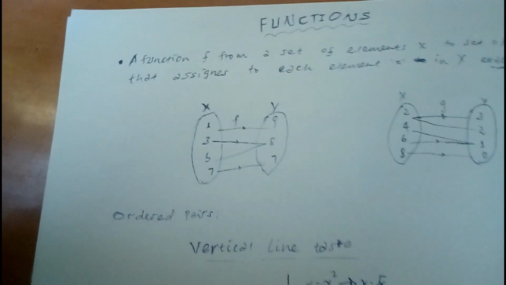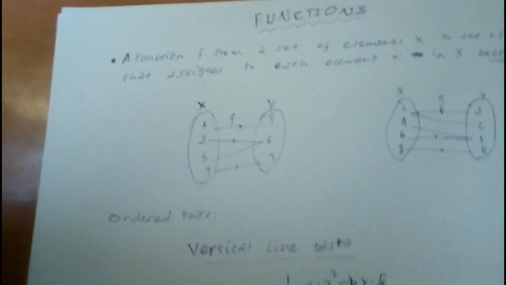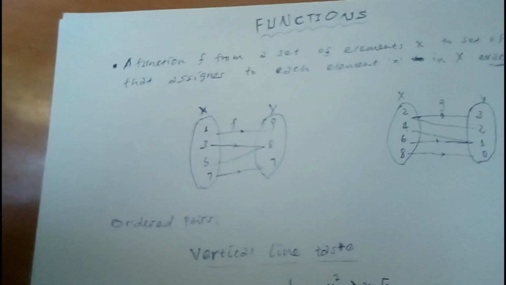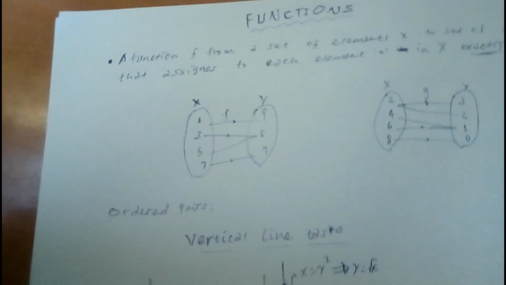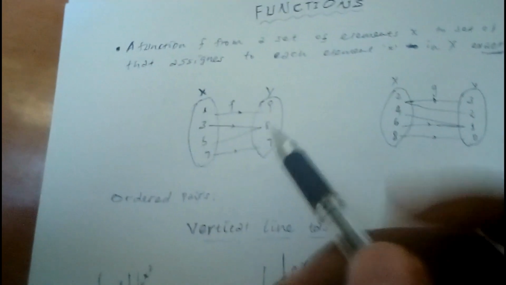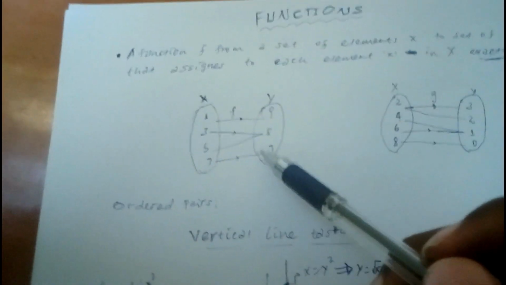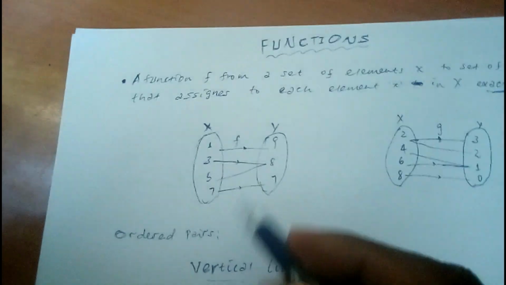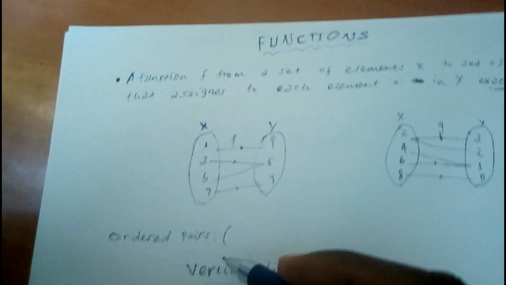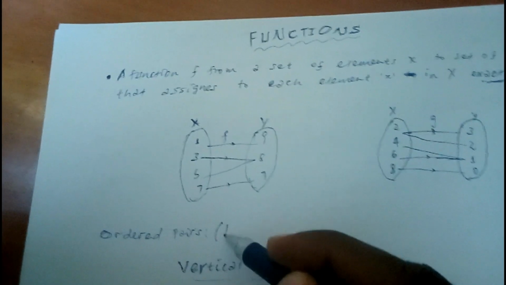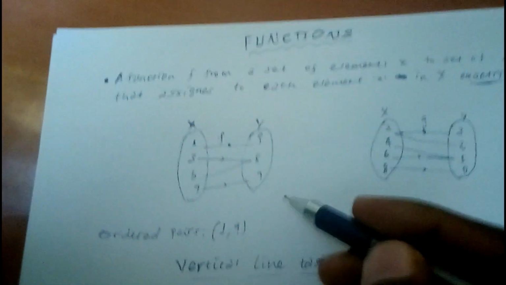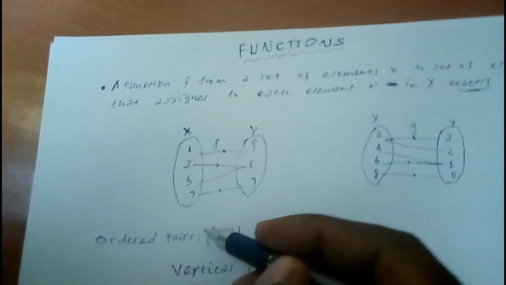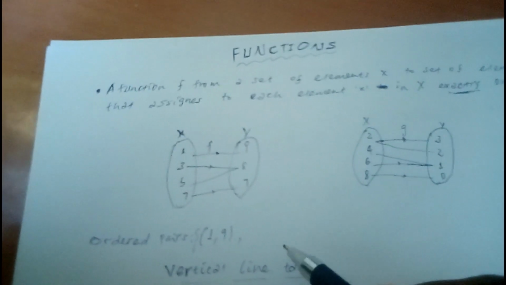The other point is ordered pairs. With ordered pairs, it is easy to distinguish a function from a relation which is not a function. For example, the above diagram can be changed to ordered pairs like this. The first is 1 with 9. It is a set of ordered pairs.